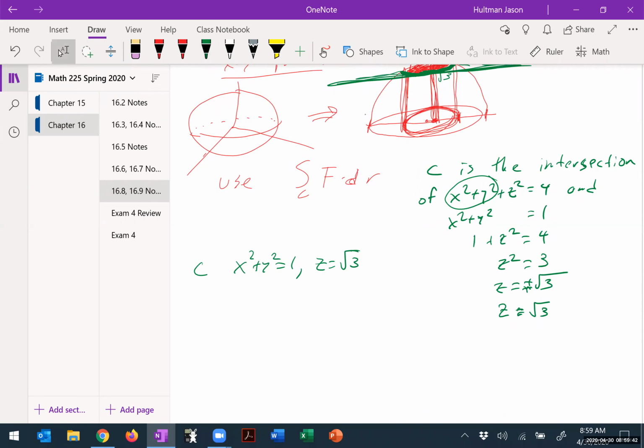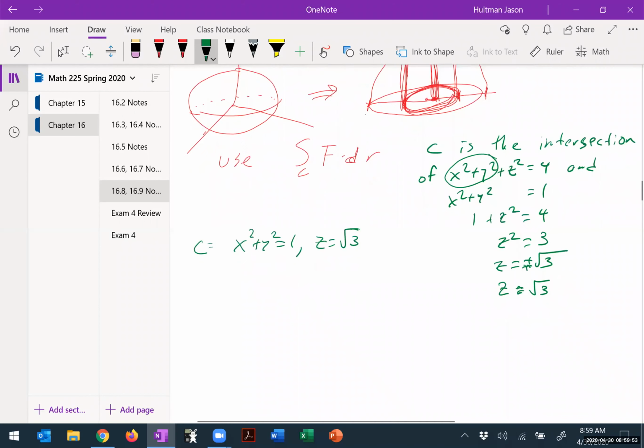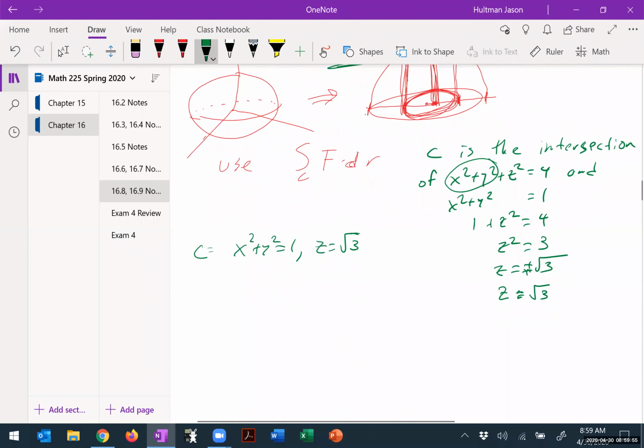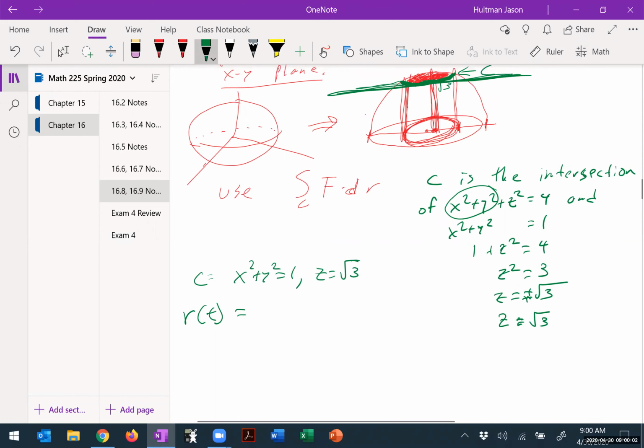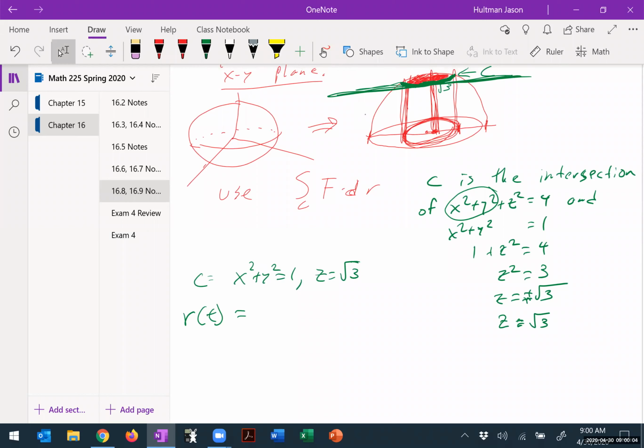So these are my constraints on what C is. C is the boundary of the circle, but it's at z equals radical 3, that plane. So what would r of t be for C? We want to parameterize this thing. How could I rewrite x and y in terms of a parameter t?